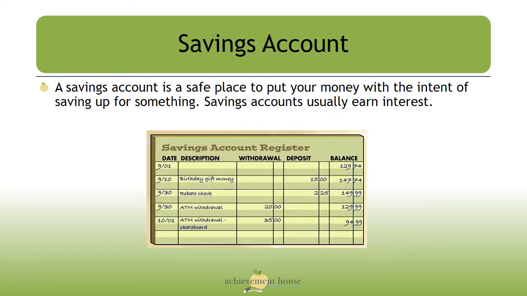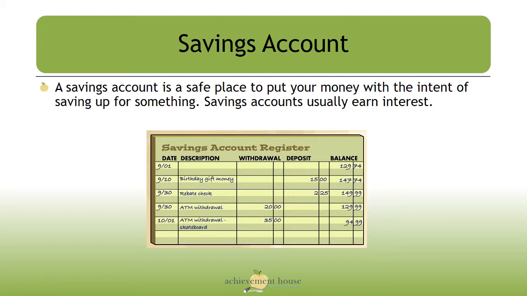Another vocabulary word, savings account. Well, there's several different types of savings accounts, but the general idea is you have a separate account where you keep some money with the intent of saving it. For example, you could have a holiday savings account, and every month you could put some money into that, even if it was $10, and then at the end of the year, at the end of 12 months, you'd have $120 saved up that you could use to purchase gifts.